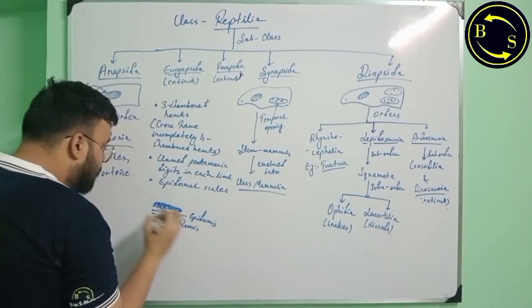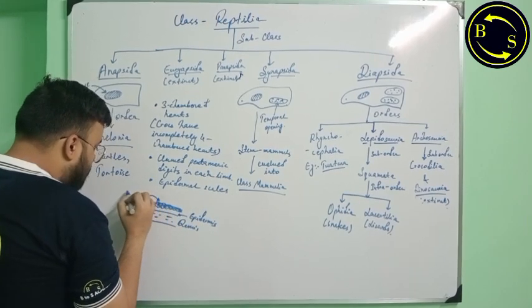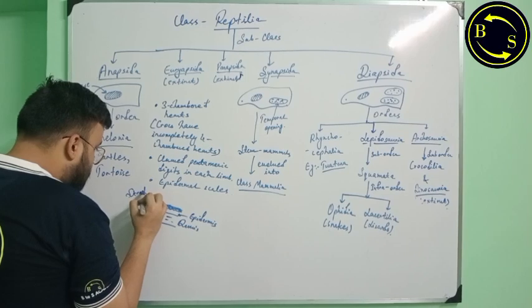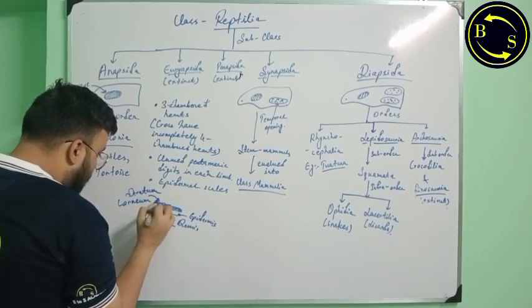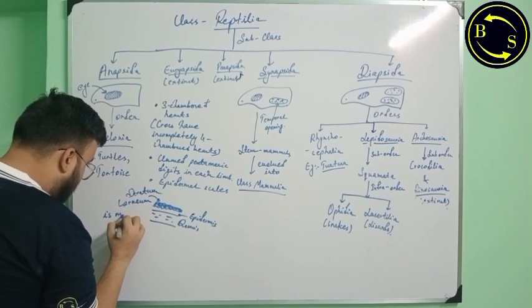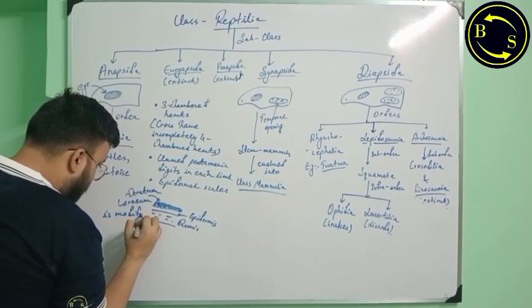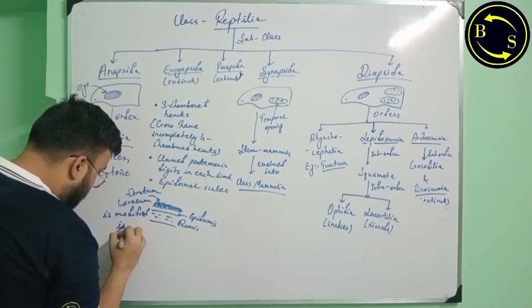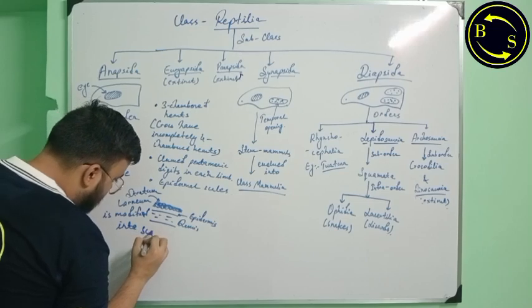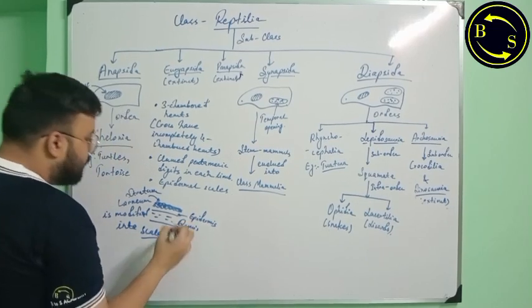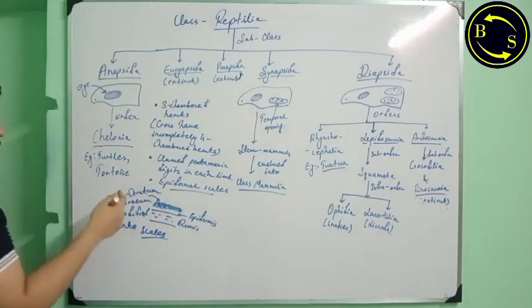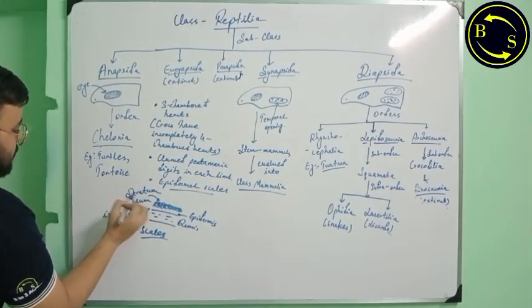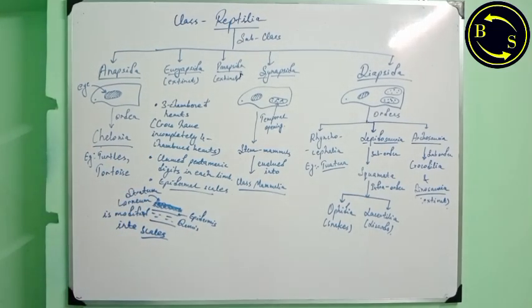Here the stratum corneum is modified into scales. So they have epidermal scales, as the scales are on top of the epidermis. Okay, the stratum corneum or the external most part of the epidermis is modified into scales.